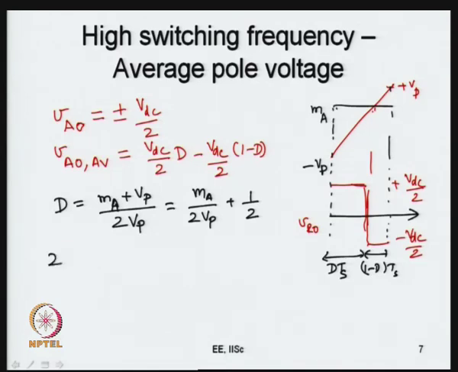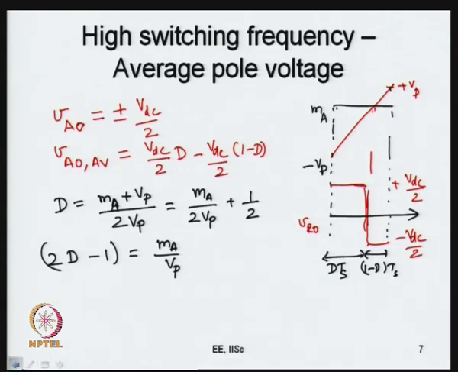Let me write it the other way. If I take this 2 in the denominator to the other side, minus 1 is going to be equal to MA upon Vp, is that right? 2 goes off to the other side. So, it is 2d, and what you have is MA by Vp plus 1. So, 2d minus 1 is equal to MA by Vp. So, what is this expression exactly?